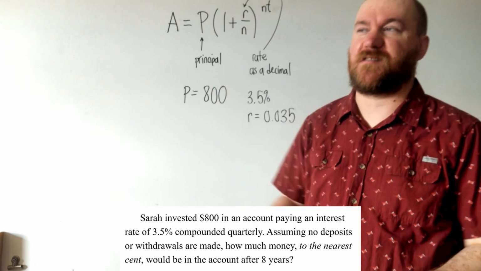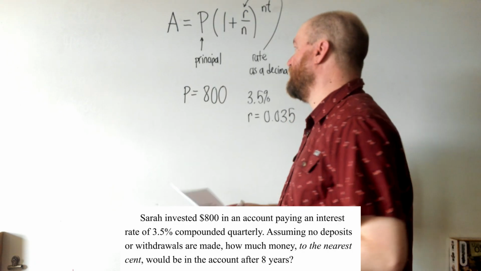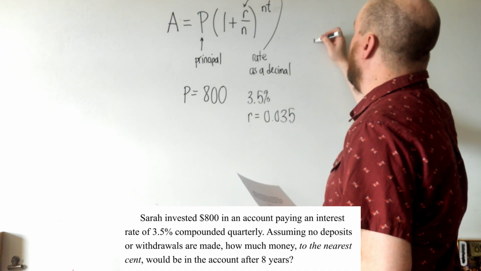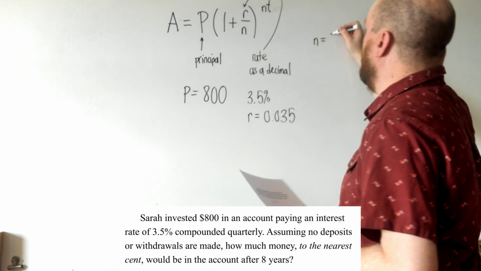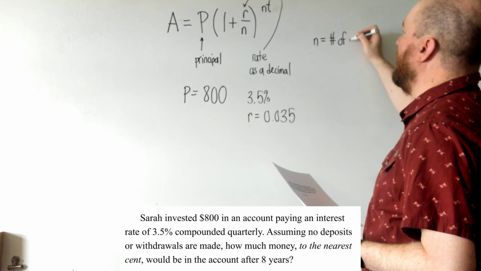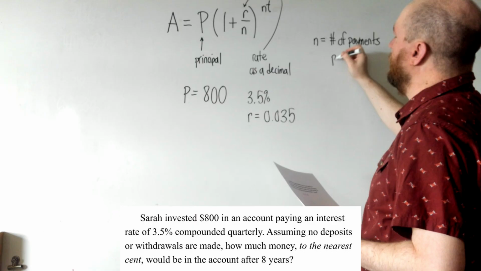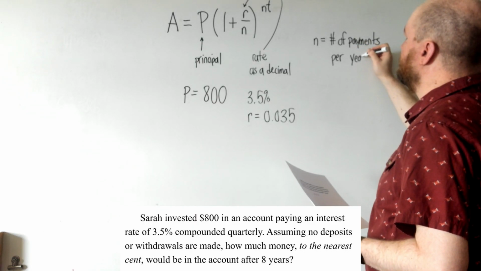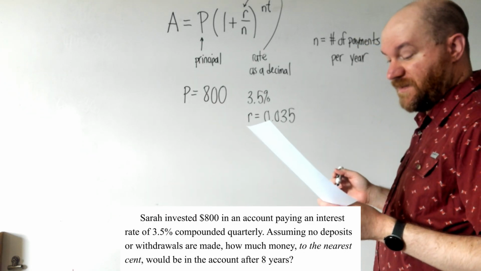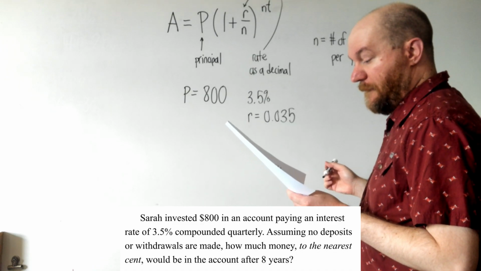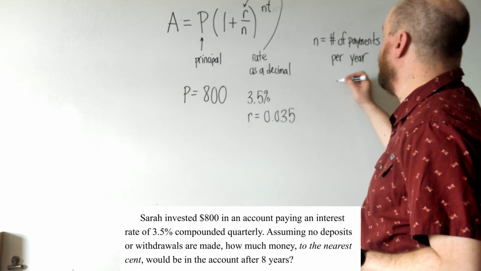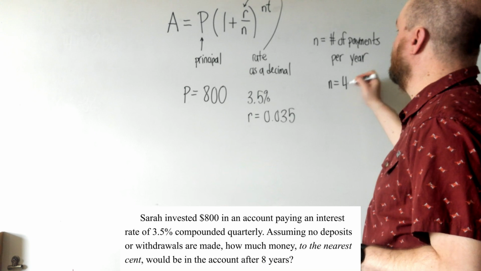Okay, here's some interest. And they're going to do that 4 times a year. So that means N is the number of payments per year. And in this case, N is 4, compounded quarterly. All right.